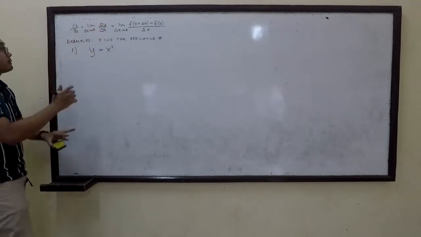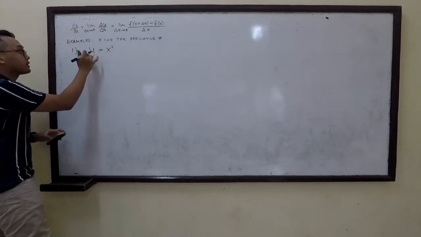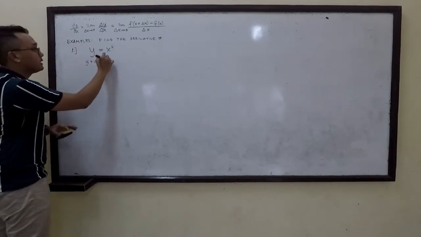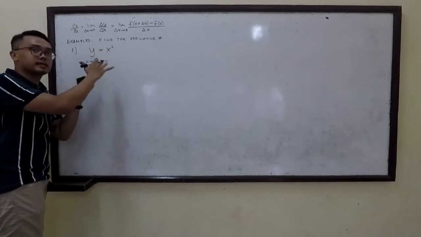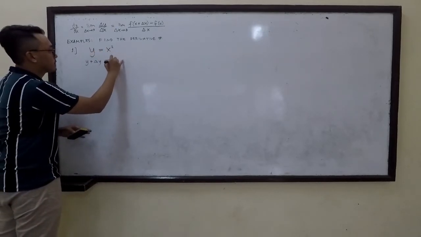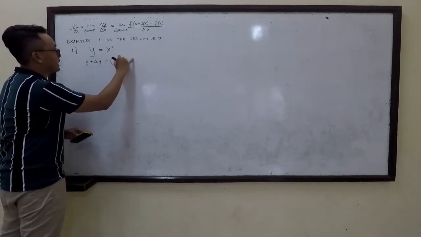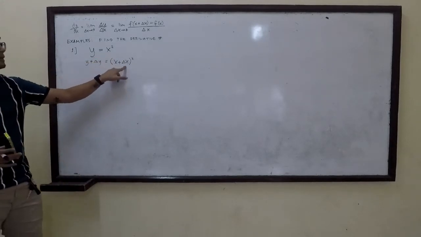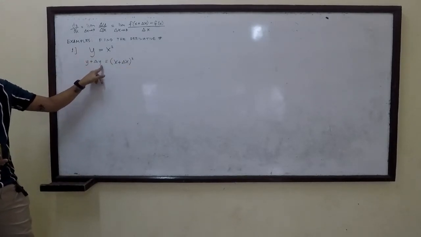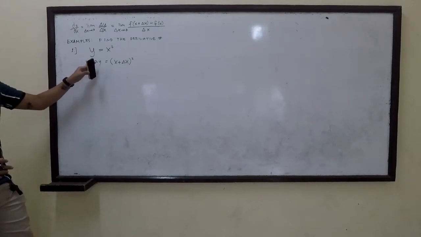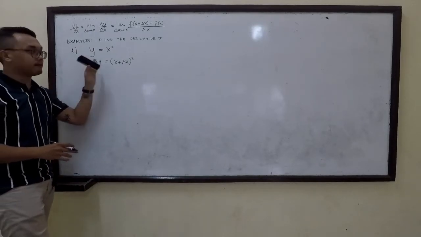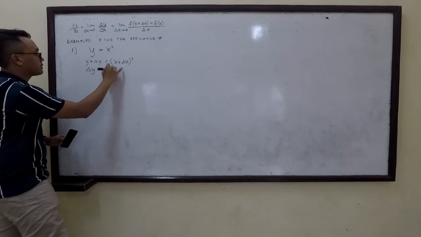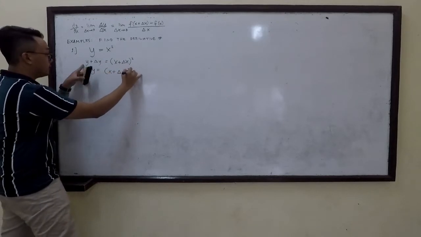The first step: y plus delta y, and for x, we have x plus delta x in parentheses, then square. So x becomes x plus delta x, and y becomes y plus delta y. Since we are going to find the value of delta y, we move this to the other side. So delta y is equal to x plus delta x squared minus y.